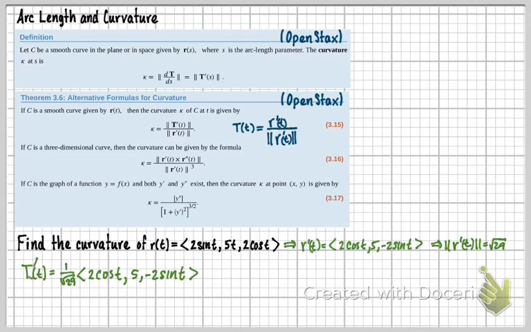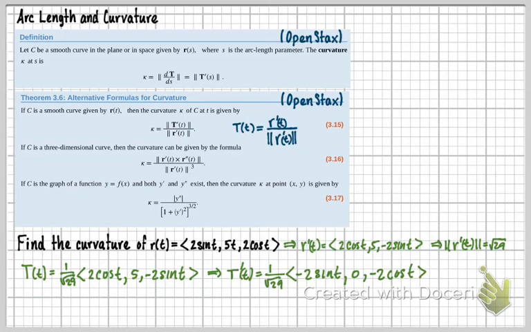So we take this derivative, which is going to be the derivative of this. I just wrote that out there, the 1 over square root of 29, and that's going to be negative 2 sine t, comma 0, comma negative 2 cosine t.